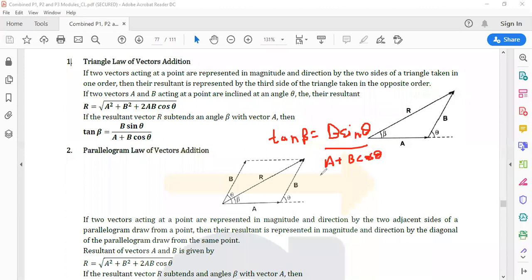This will give you the angle between the R vector and the A vector. Got it, everyone?